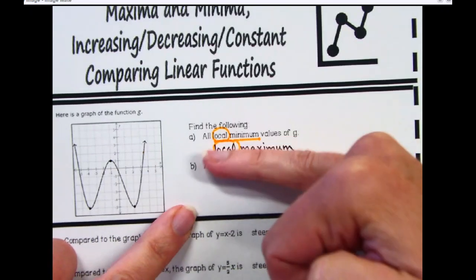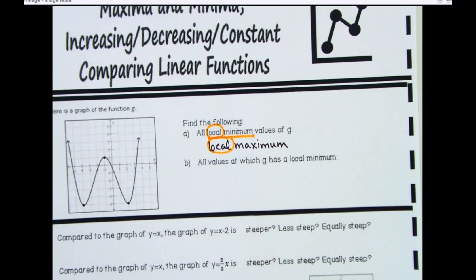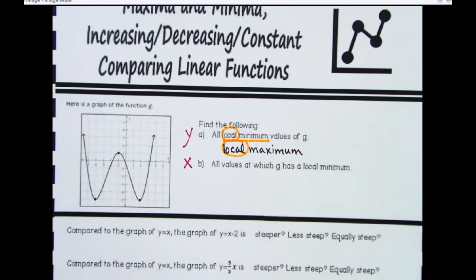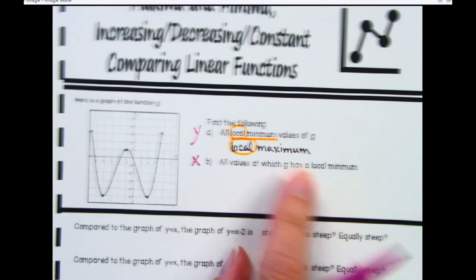Ignore the black that I wrote in for a second, but which one of these do you think is the X, and which one do you think is the Y? I feel like B is X, A is Y. She's absolutely right. All values at which G has a local minimum.